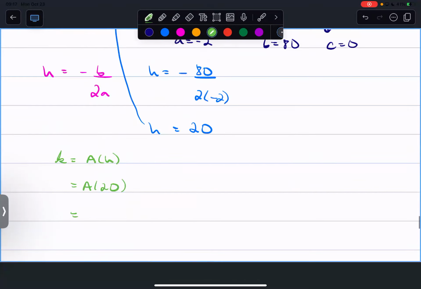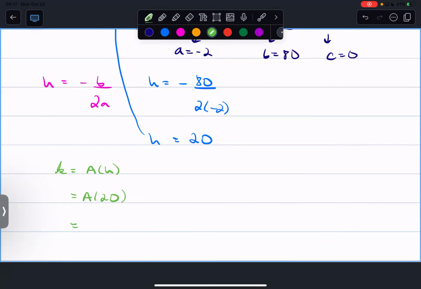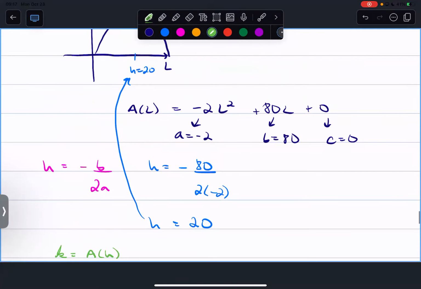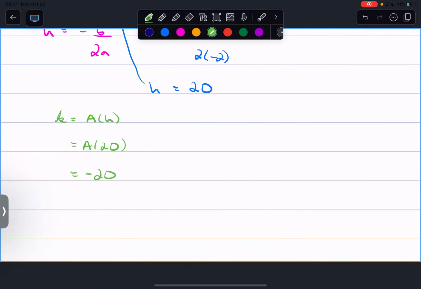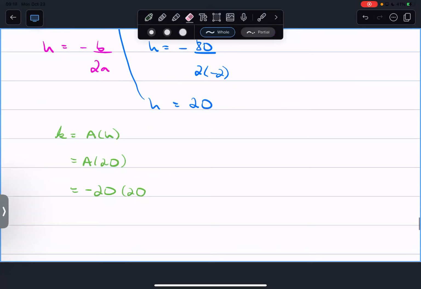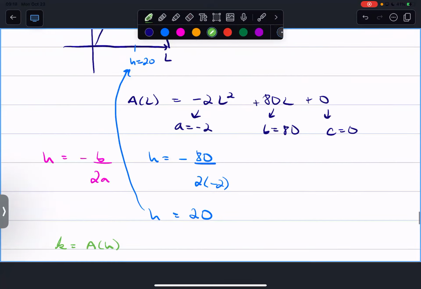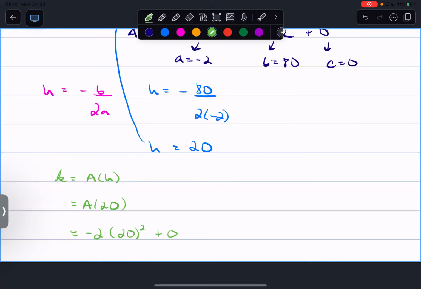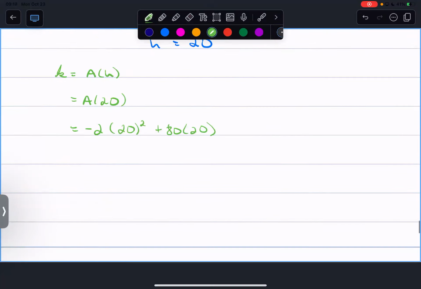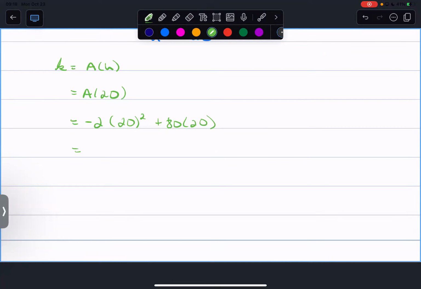Using the formula, negative 2 times 20 squared plus 80 times 20. 20 squared is 400, times negative 2, plus 80 times 20. I get an area of 800.